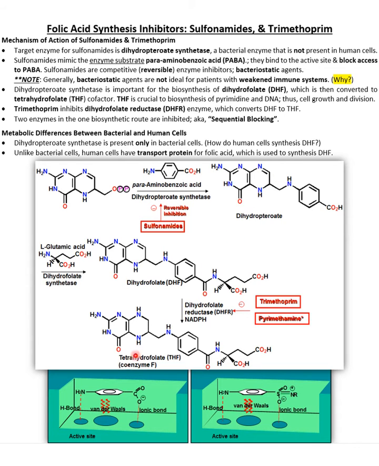So the next question is, how do the human cells synthesize their tetrahydrofolate? Because this is an important molecule for cell division and growth, even for the human cell. Well, apparently, the human cells synthesize this molecule from folic acid.